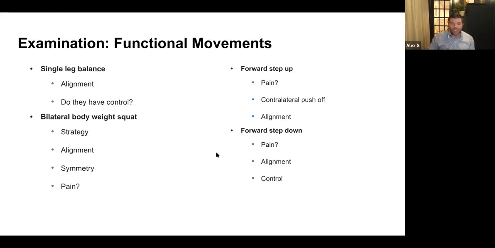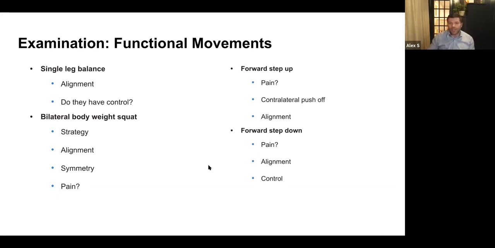So specifically, one of the things we want to look at functionally is single leg balance, double leg squats, step down, and step up, right? All these other things we all look at to some degree. I think it's important to have a standardized way that you approach each patient, so you can do a lower extremity screen and really go through it, rather than reinventing the wheel every time.